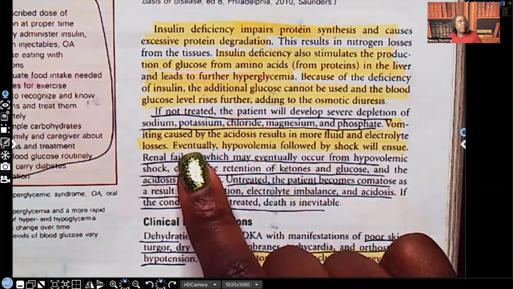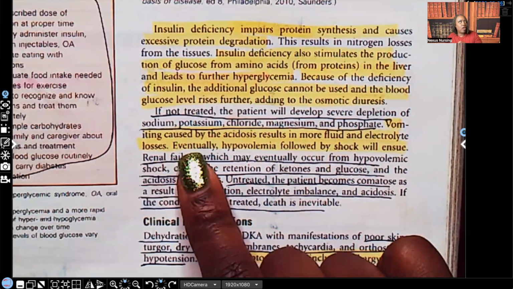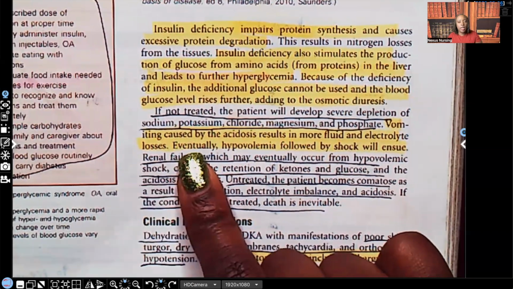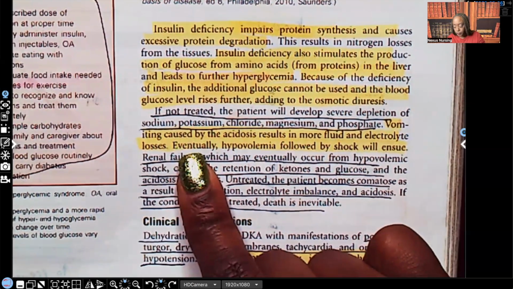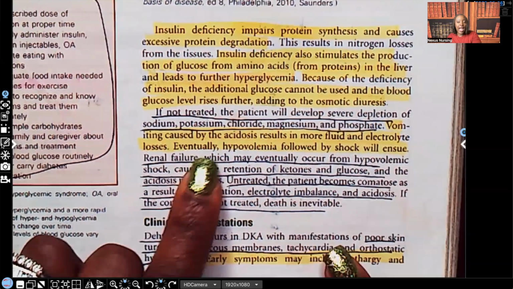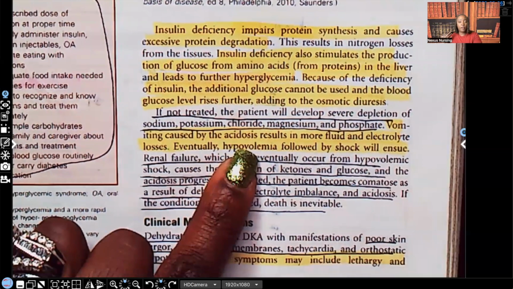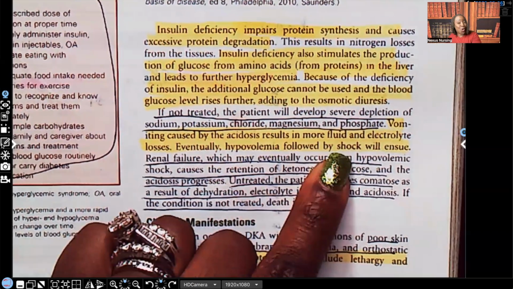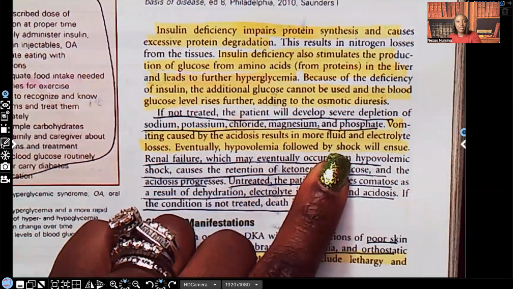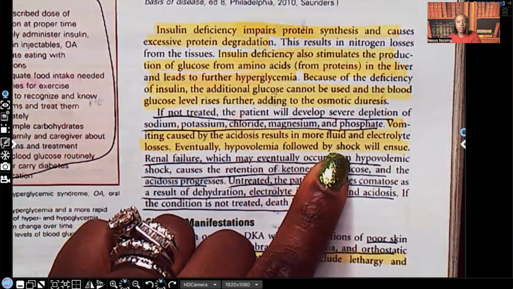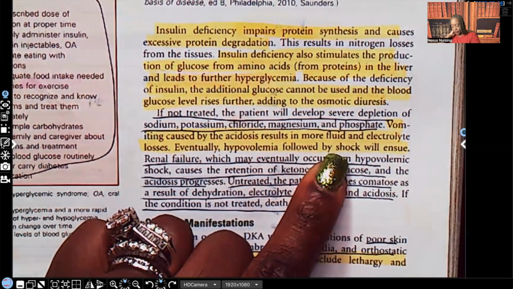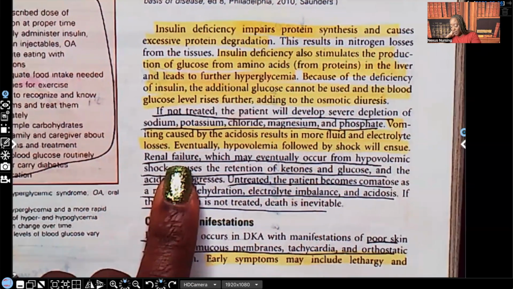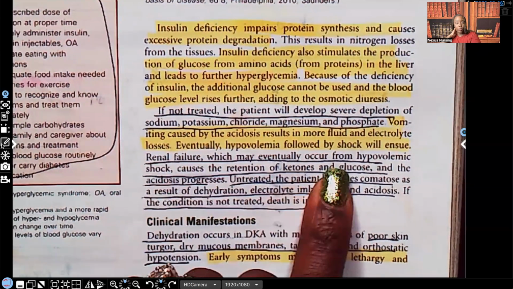So not only is the patient losing all these electrolytes and all these fluids in the urine because it's trying to get rid of the sugar, now it's coming up the other way. Eventually, hypovolemia, not having enough fluid volume, followed by shock. Guess what? Those organs start to break down when the patient doesn't have enough fluid volume. The kidneys shut down, which may eventually occur from hypovolemic shock.